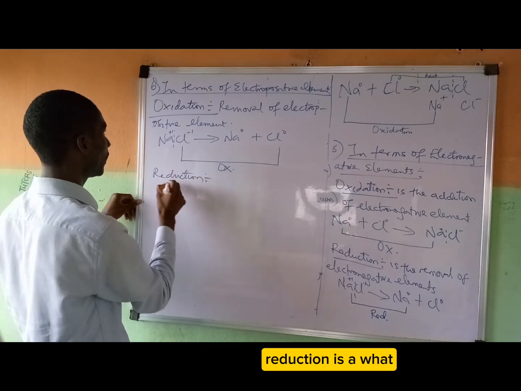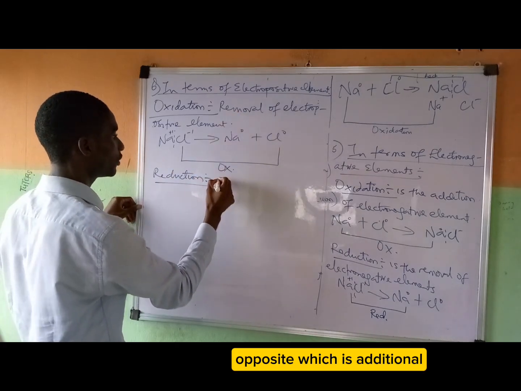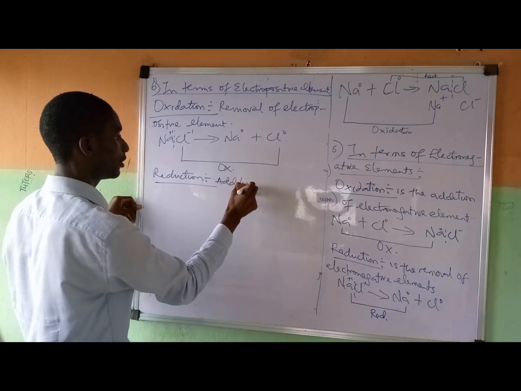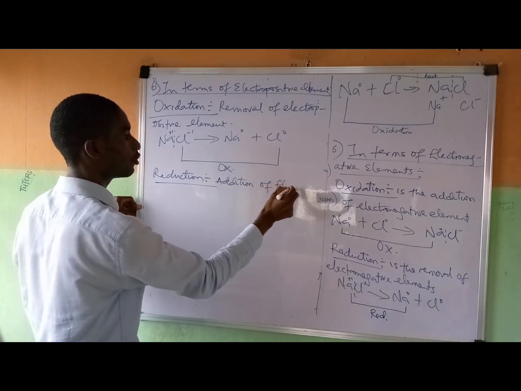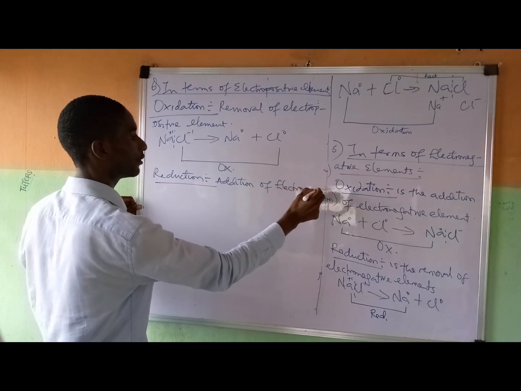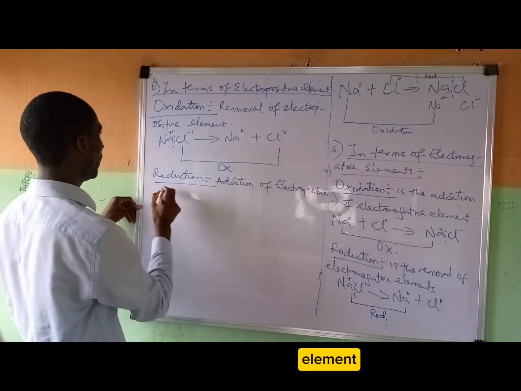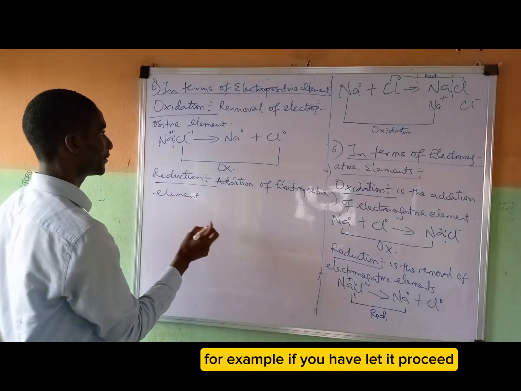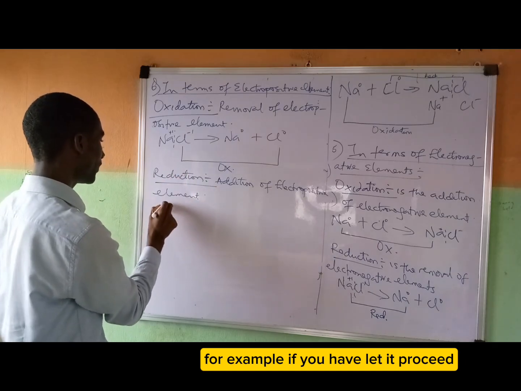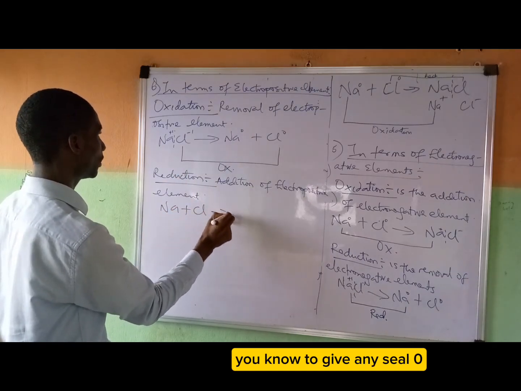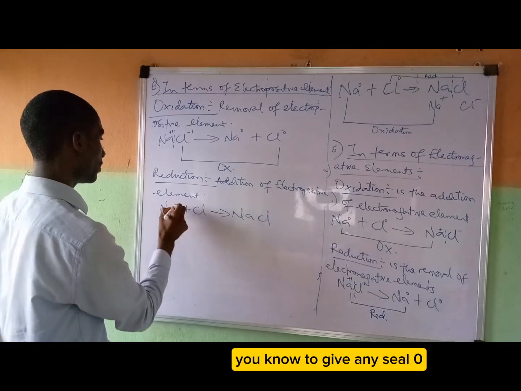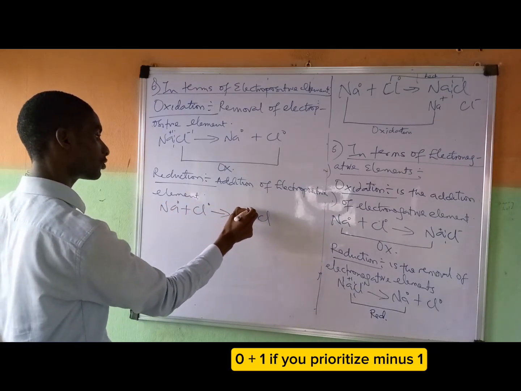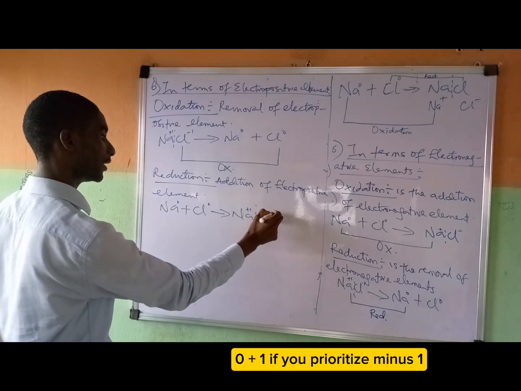While reduction is the opposite, which is addition of electropositive element. For example, if you have Na plus Cl to give NaCl, 0, 0, +1 if you ionize, -1.